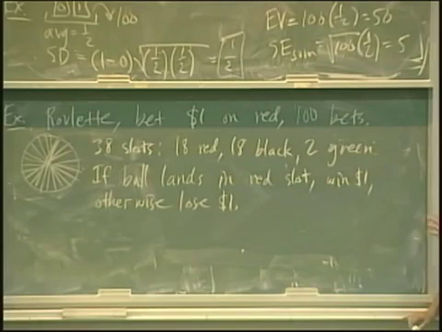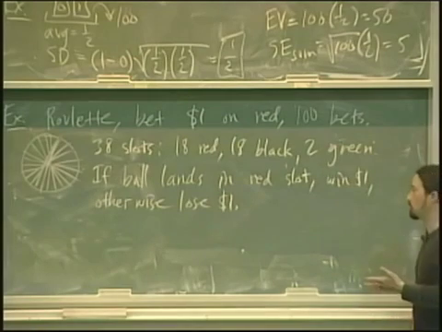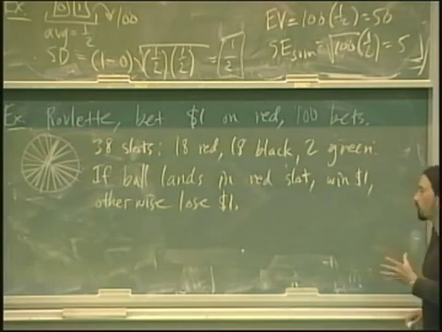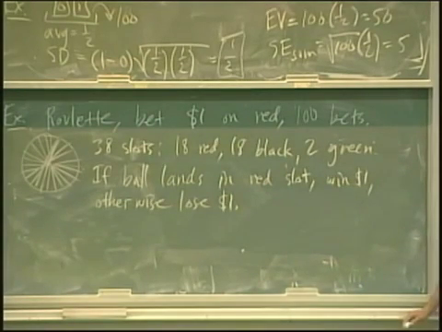Maybe as an aside, the way the book describes this is that if the ball lands in a red slot, the casino gives you your $1 back plus another $1. I'm not quite sure why the book words it that particular way. That means you win $1, right?